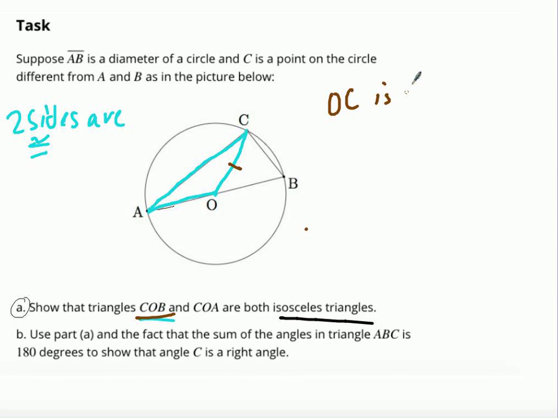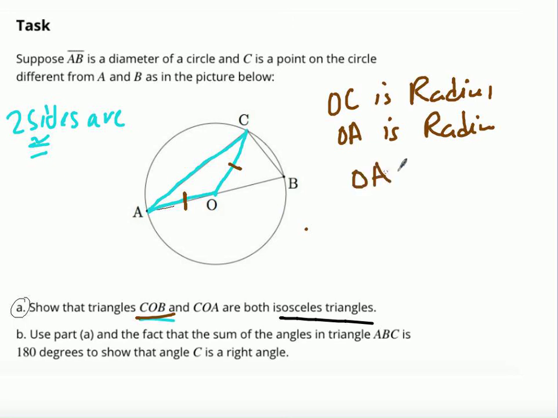Now, for COA, we know that OC is a radius. Again, it's the distance from the center O to a point C on the circle. And OA is also a radius, the distance from the center O to a point A on the circle. Now we know the radii are congruent, so we can say OA is equal to OC.